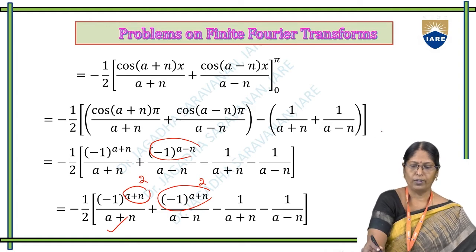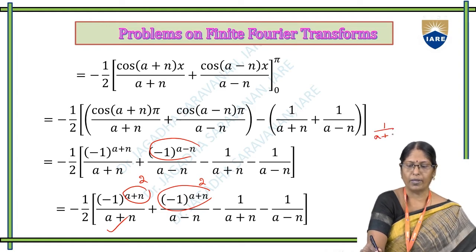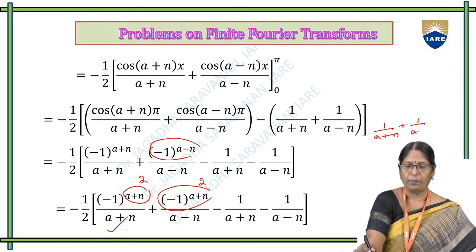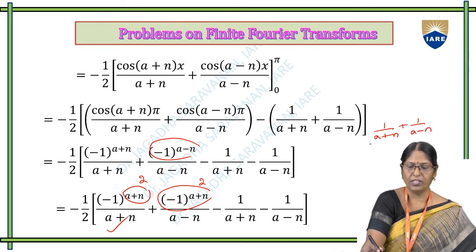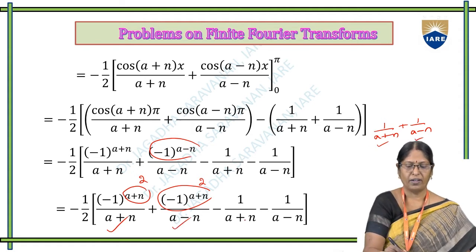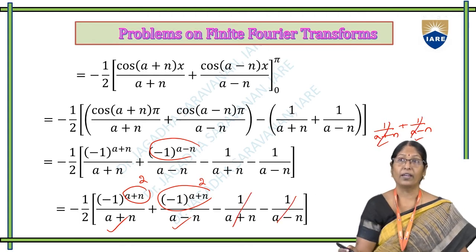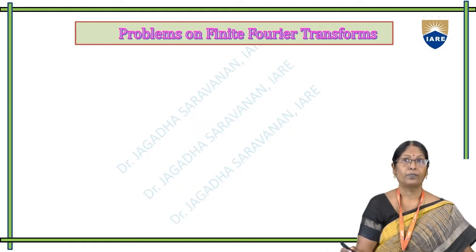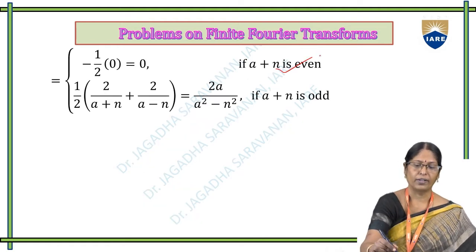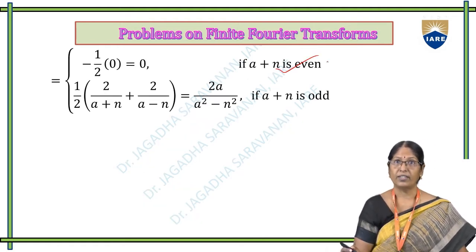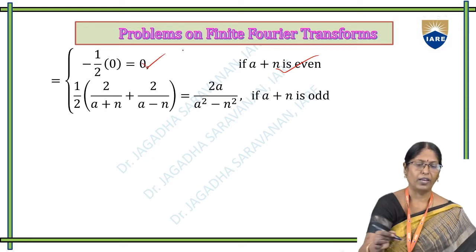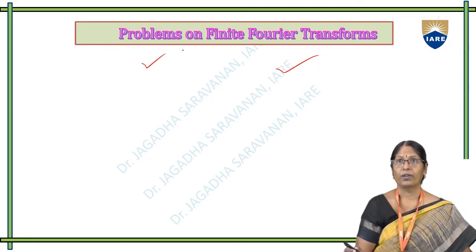Minus 1 square becomes 1 by a plus n, and this is also 1 by a minus n. Already here minus 1 by a plus n is there, so this gets cancelled. That is what is written: when a plus n is even, we get the value 0.